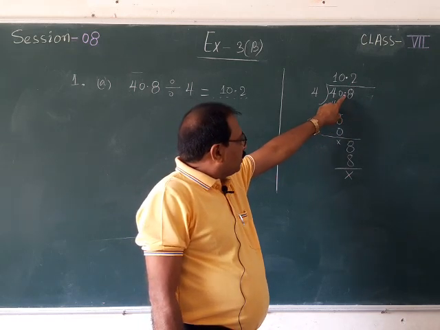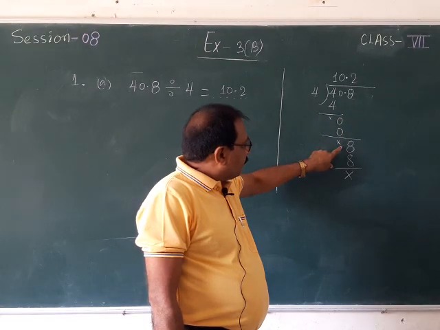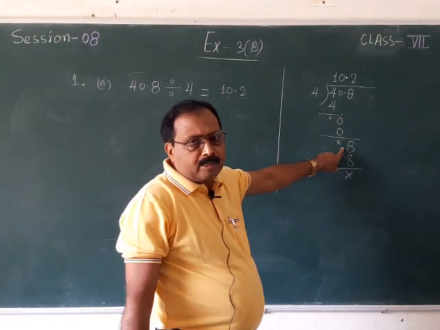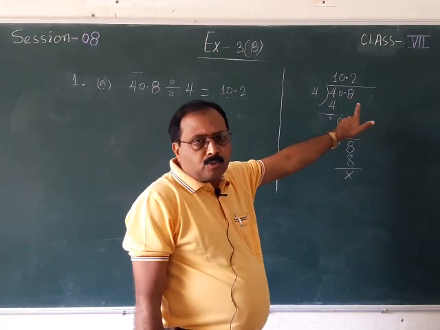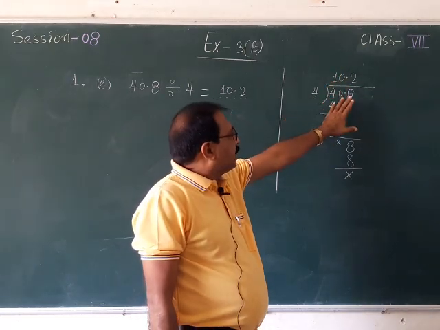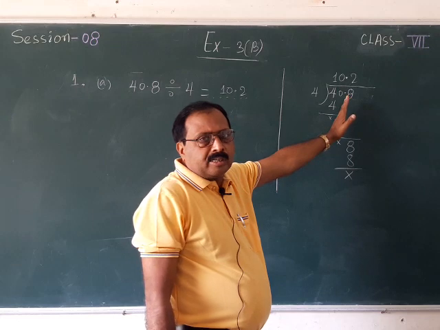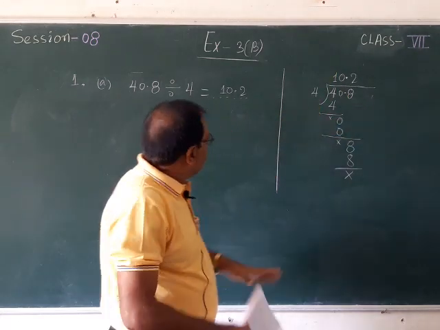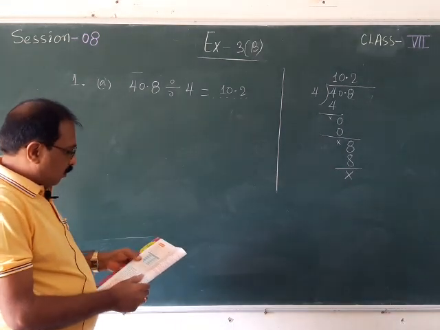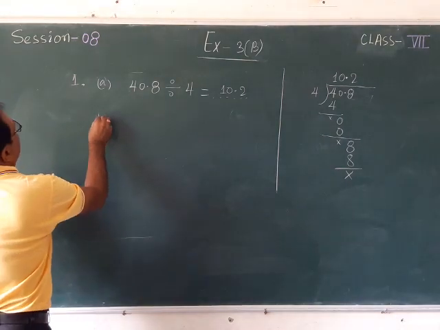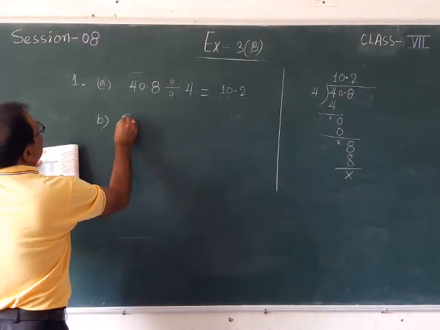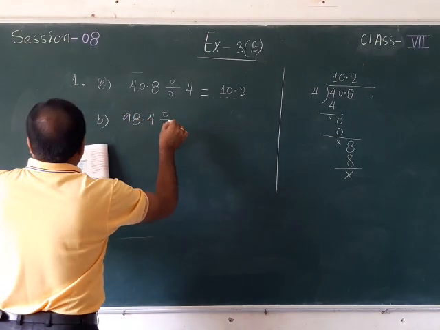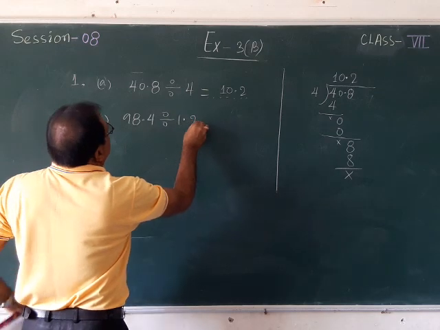The point does not come in the dividend side; it will always go to the quotient side at the right moment. Then 8 comes, 4 twos are 8, and you can write your answer 10.2 in part A. Now the next question, part B, I am also showing you: 98.4 divided by 1.2.